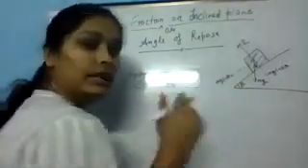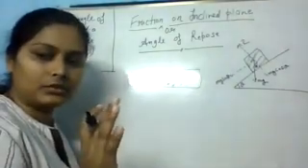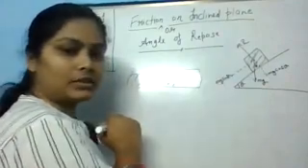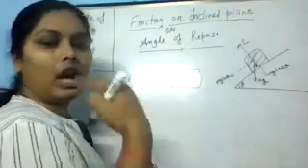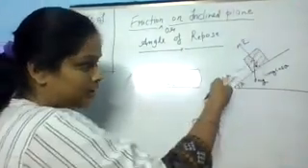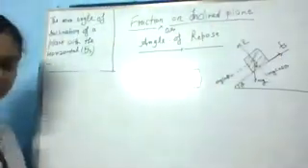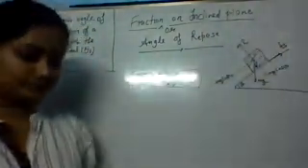Because here initially we are not applying any external force, so there will be static friction. The direction of static friction will be opposite to the motion, and the motion is in this direction. So the direction of static friction will be like this. Is this diagram clear?